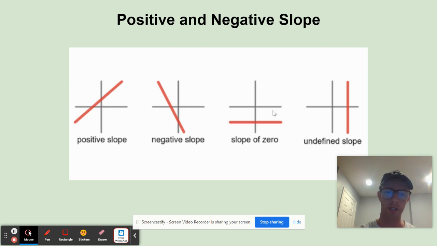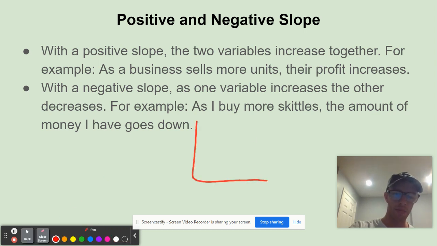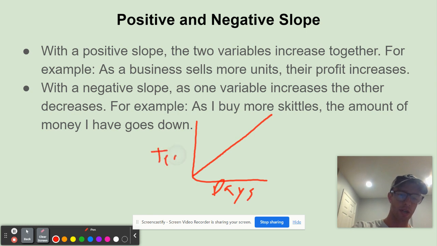We won't touch too much on these today, but we want to really be able to tell the difference between positive and negative slopes. So again, for a positive slope, the two variables increase together, all right? You can imagine it on a line. This is going up. You could say this is days, and this is, say, temperature, right?